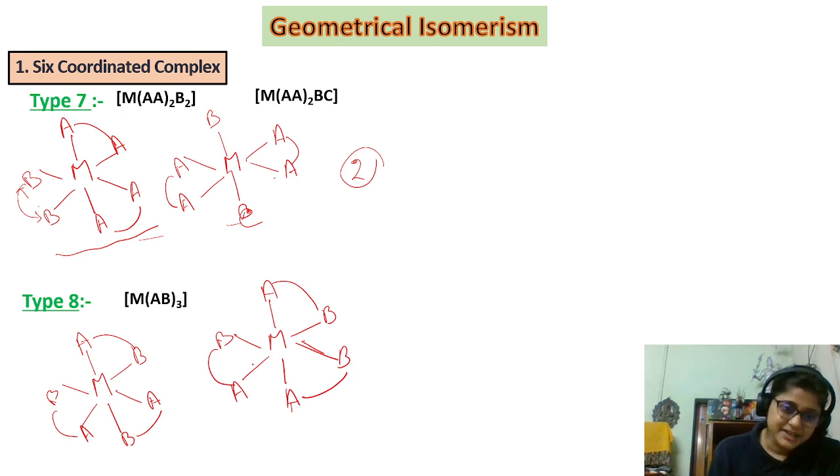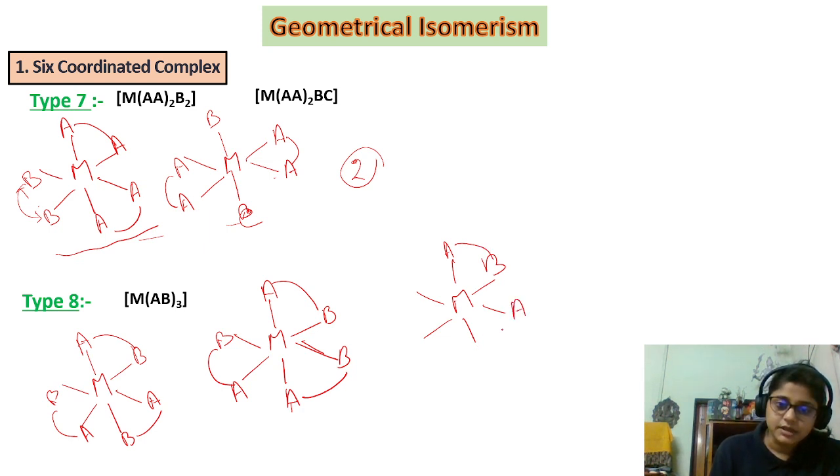Yes, obviously, because here one A trans is there. Here all A are cis. Here trans A we can find, and also trans B. Any other possibilities? Let's say I have changed this one and keep this fixed.